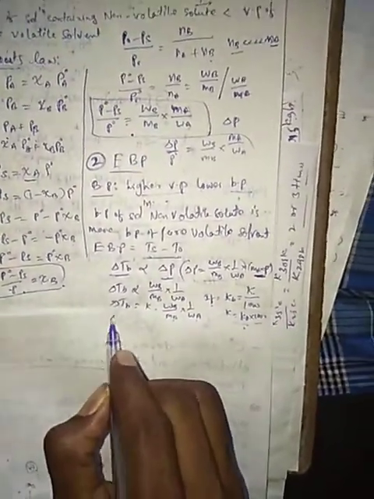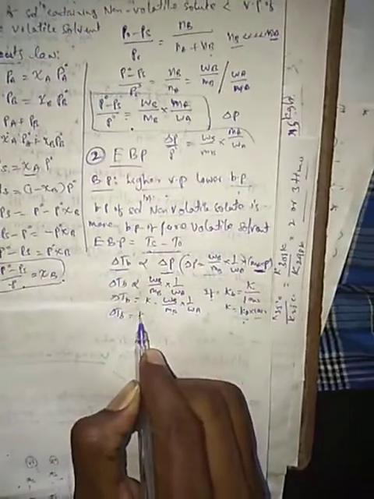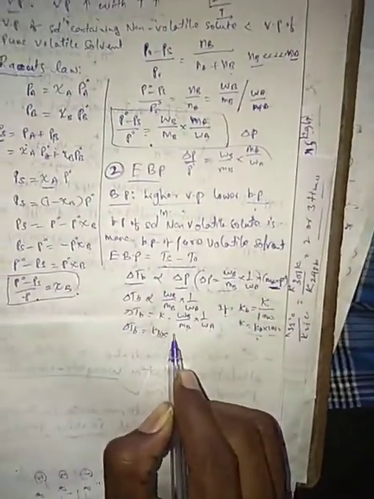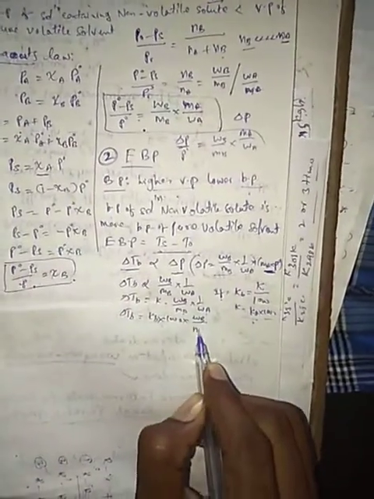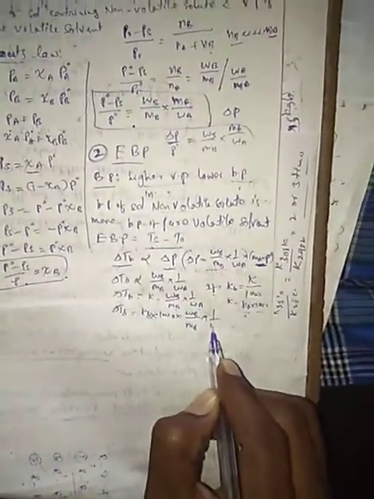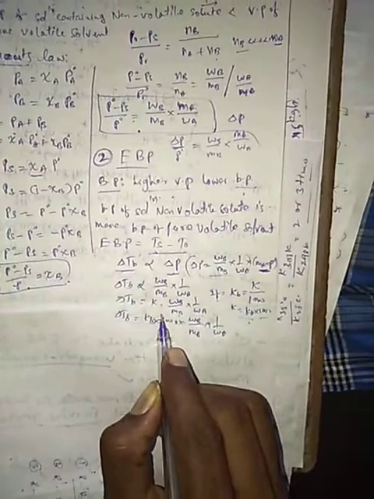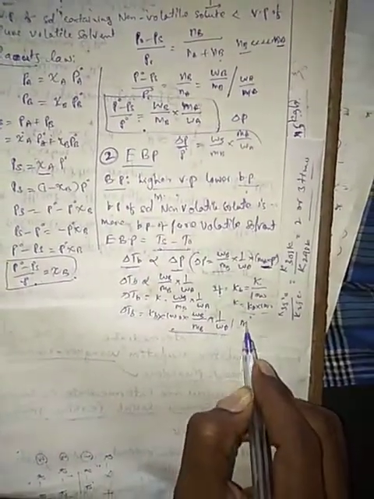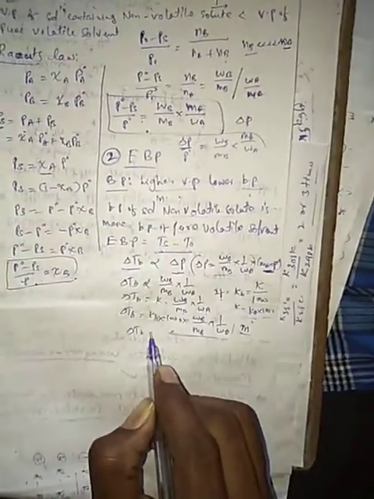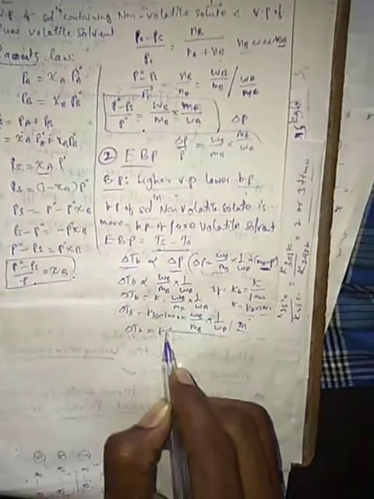So now delta TB is equal to KB into 1000 into WB by MB into 1 by WA. Now this formula is a molality formula, with a small m. Now delta TB is equal to KB into small m.